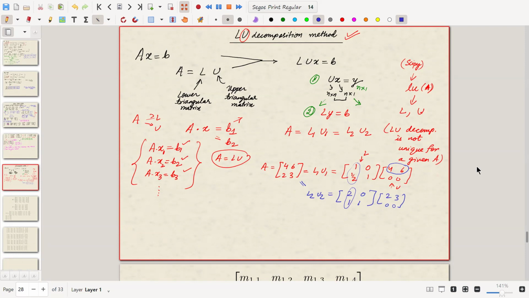Second point is through the observation of the Gauss elimination method, which transforms the coefficient matrix A to an upper triangular matrix. This method got motivated from Gauss elimination, that yes, we can decompose the matrix A into L into U, a lower triangular into an upper triangular matrix. We will see that it can be done.